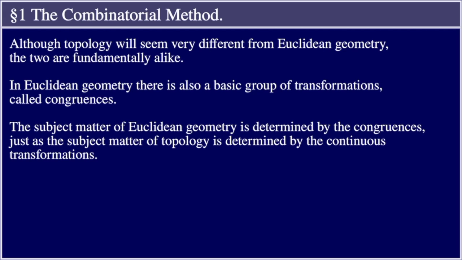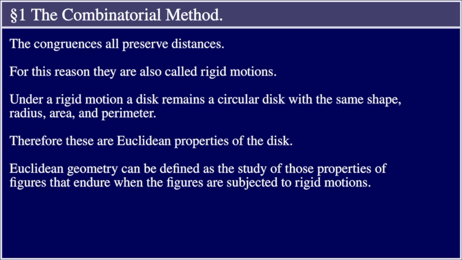Although topology will seem very different from Euclidean geometry, the two are fundamentally alike. In Euclidean geometry, there is also a basic group of transformations called congruences. The subject matter of Euclidean geometry is determined by the congruences, just as the subject matter of topology is determined by the continuous transformations. The congruences all preserve distances.